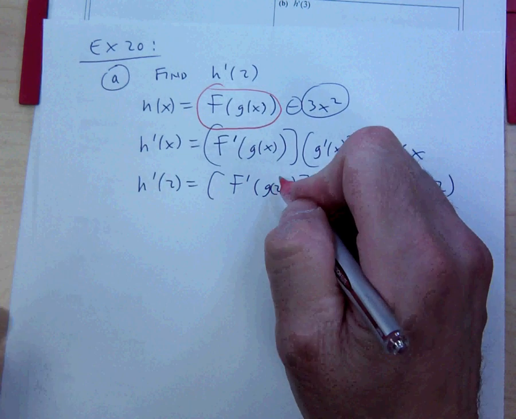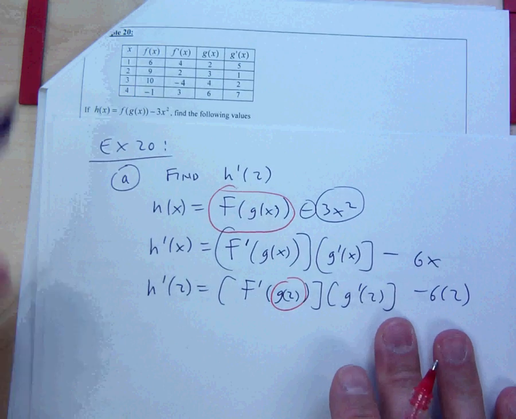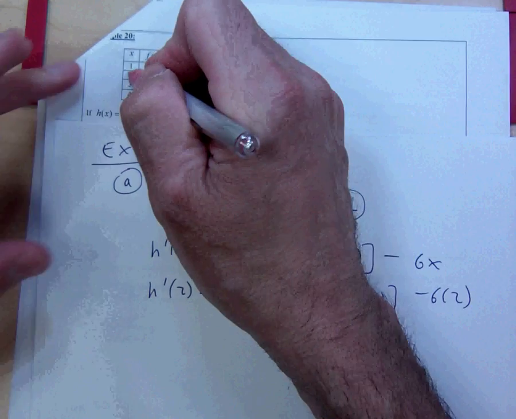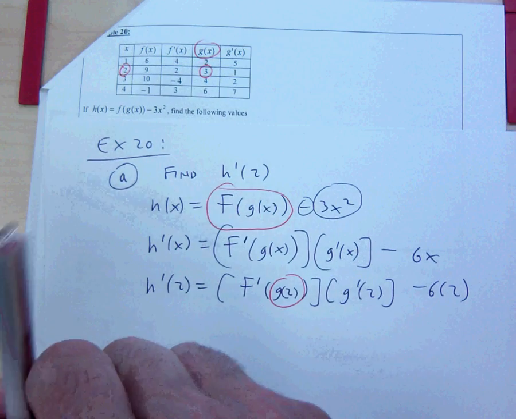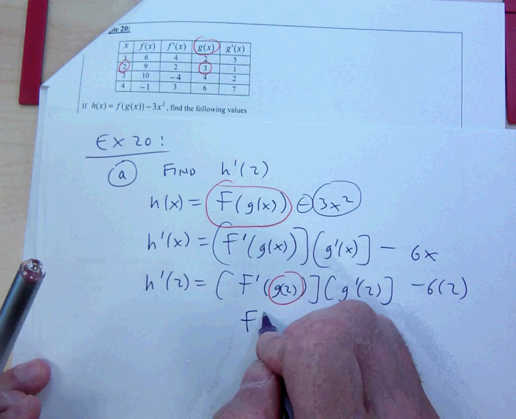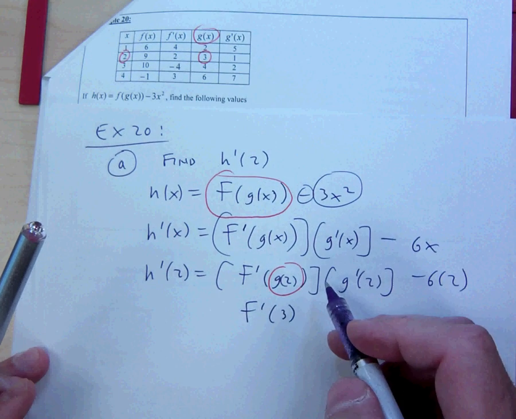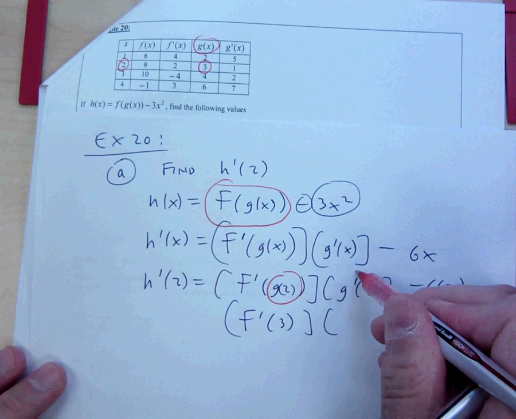Looking at this table, what is g of 2, guys? Looking at this table here. What is g of 2? Well, g of 2 is just what? Everybody agree it's 3? So put a 3 there. Okay. And then, looking at your table, what is g prime of 2?